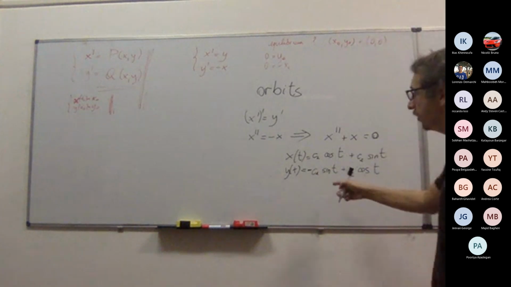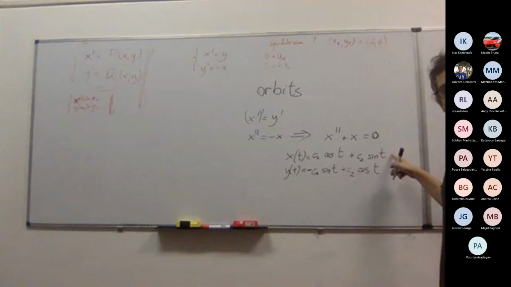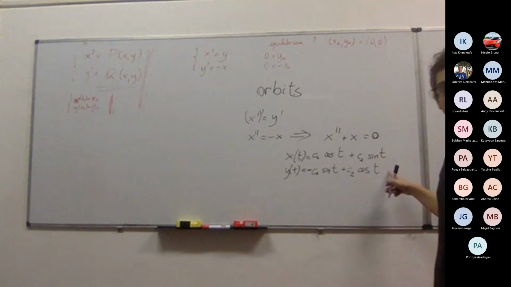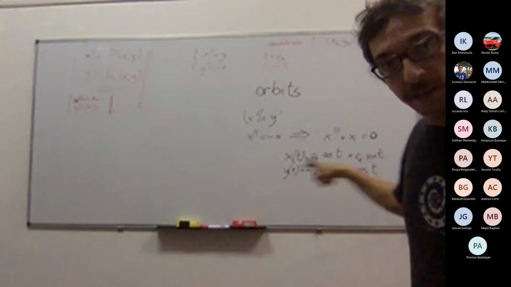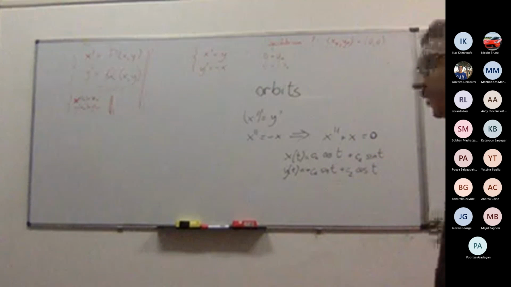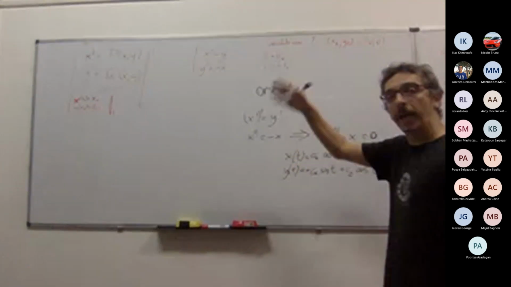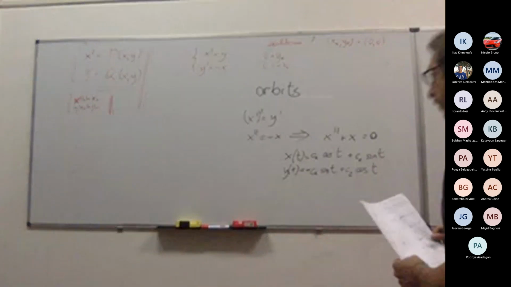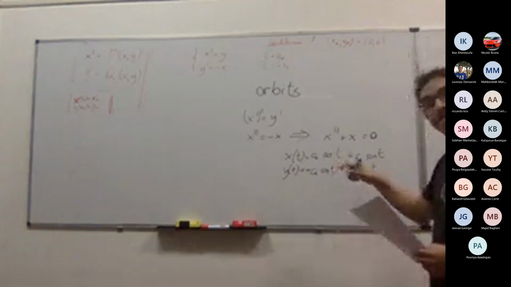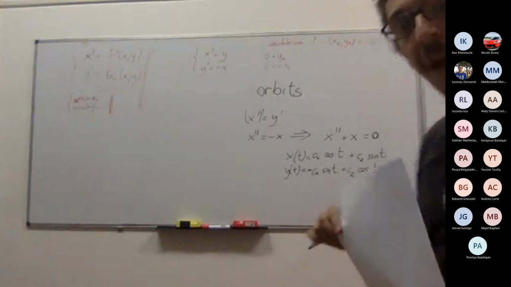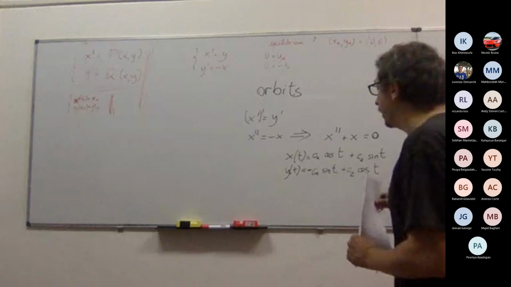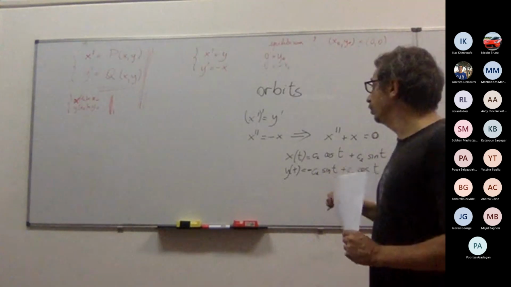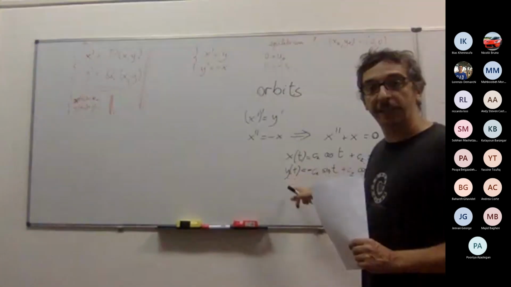So what I can do now is plot x(t) and y(t) on a graph in which I have t on the x-axis and x and y on the other one. But I do not want to do this. What I want to do instead is to eliminate the parameter t from the equation. How can I do this? What I can do is square x and y.